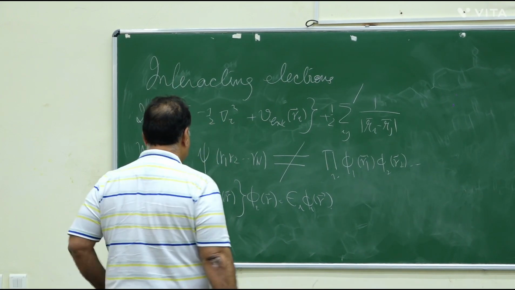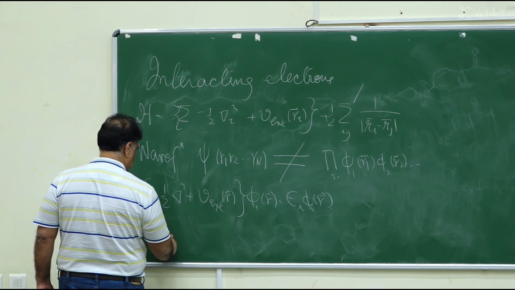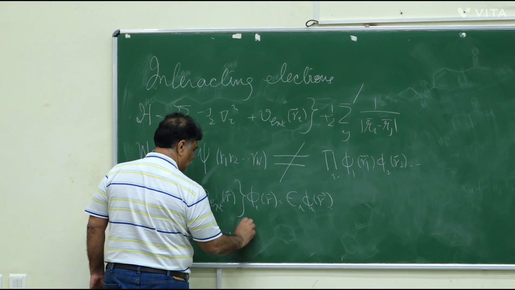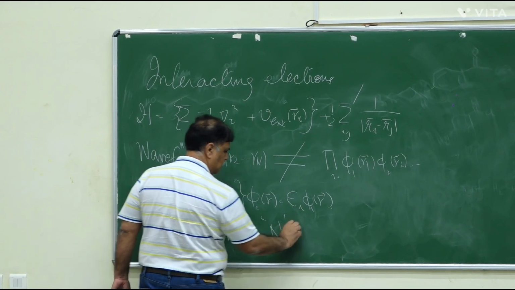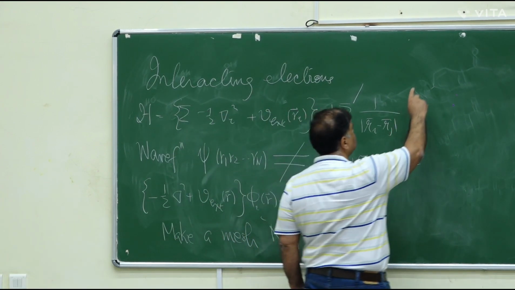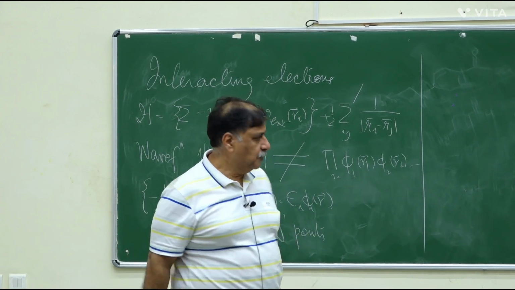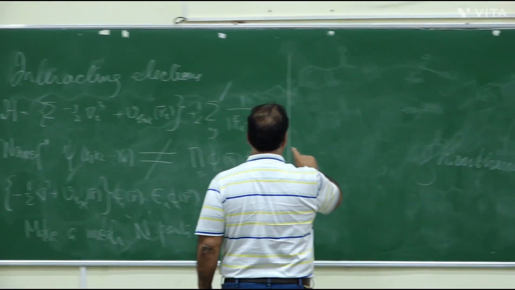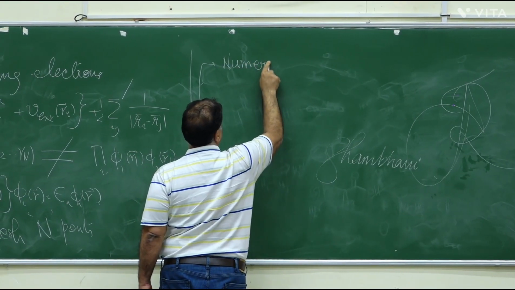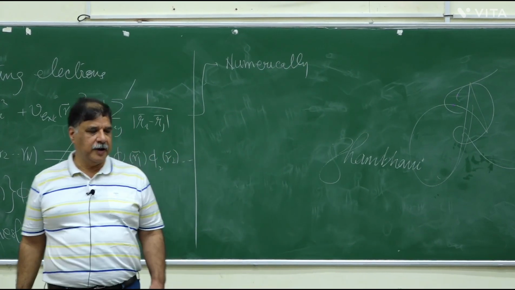So let's say we make a mesh of n points to solve it. Right, so I make a mesh of n points and then keep solving for whatever orbitals I'm doing, right? Now suppose I want to solve this numerically for m particles.